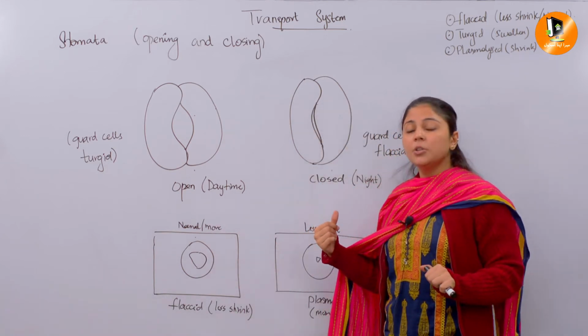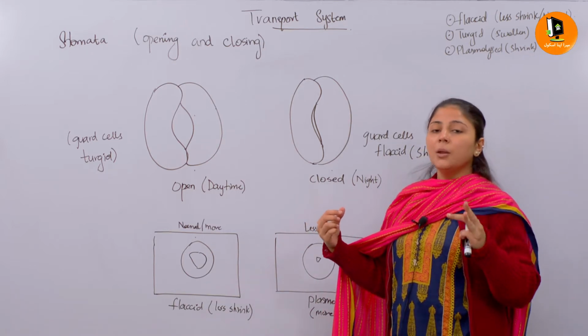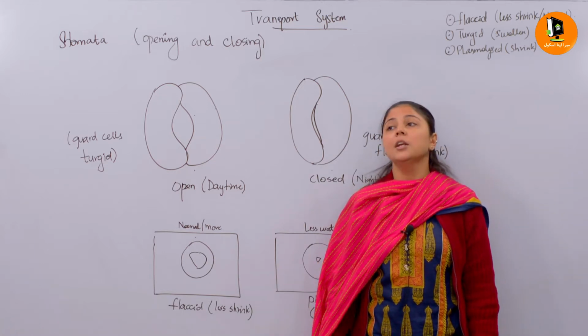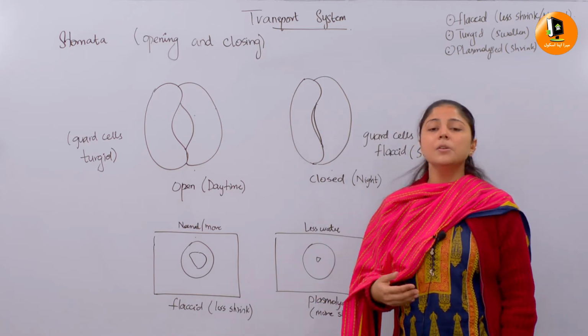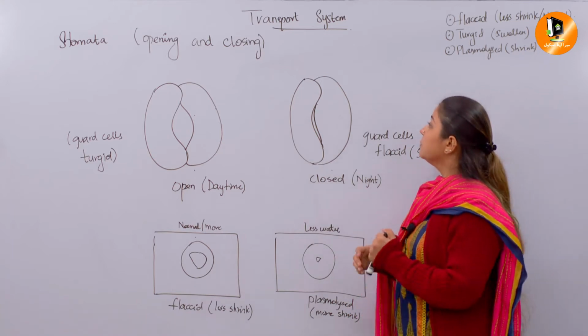Again, in the last video we discussed the three important categories according to the distribution of the stomata: on the lower epidermis, on the upper epidermis, or on both surfaces of the leaf, right?